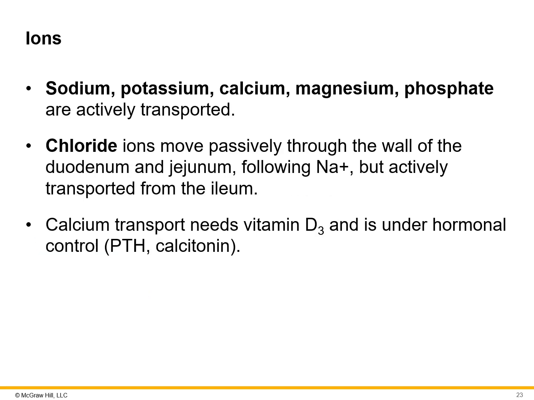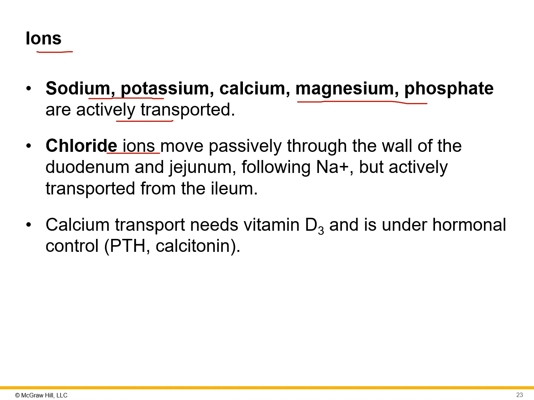So again, with our water, we talk about the different ions, particularly sodium, potassium, calcium, magnesium, and phosphate. These ions are actively transported. So if they come in our diet, especially things like Gatorade, but also different fruits and vegetables, they're actively transported, meaning they need energy to come in.